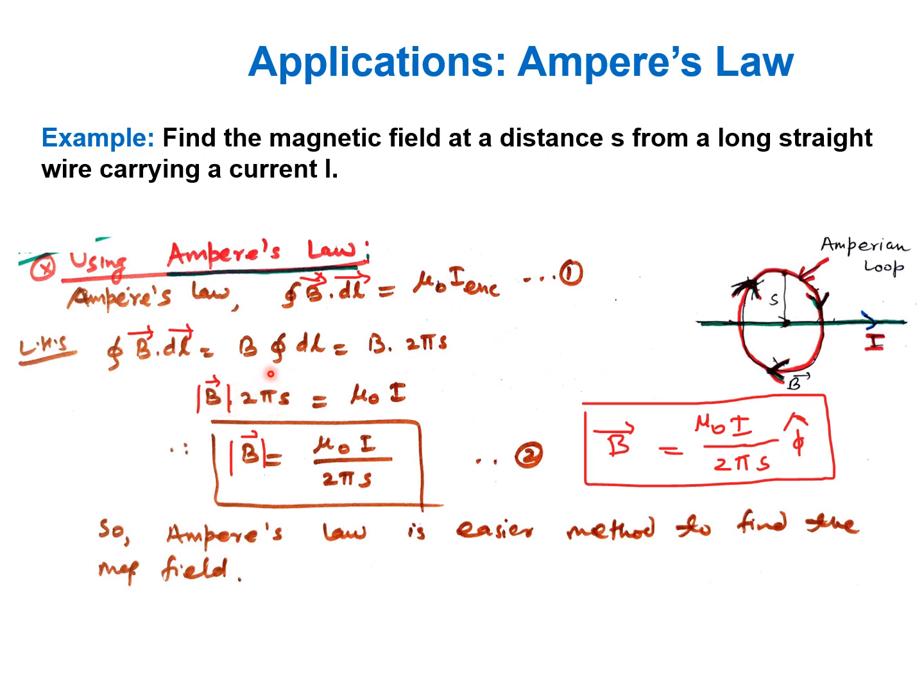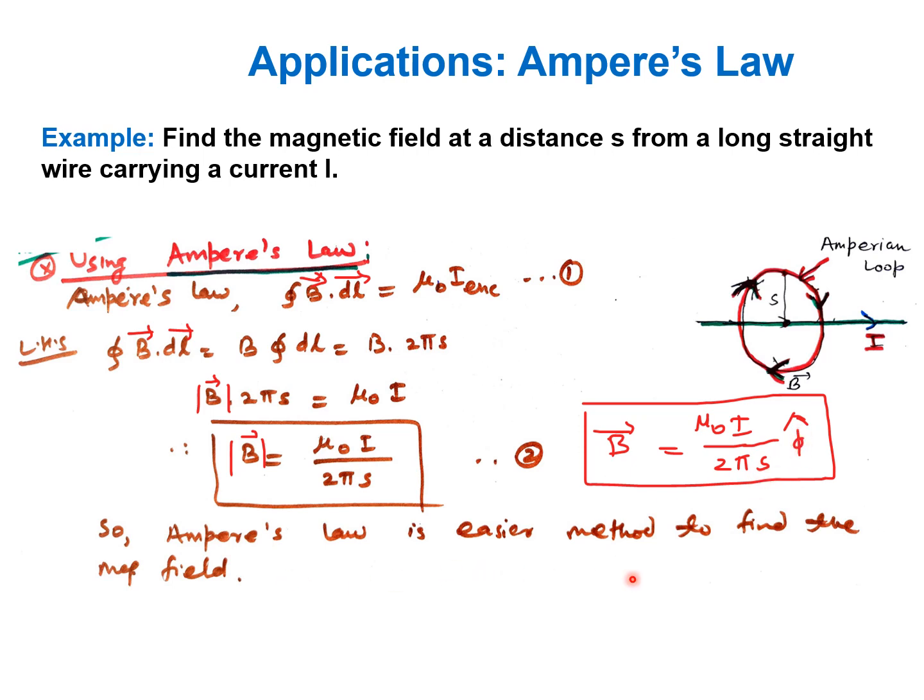So B magnitude times 2 pi s equals mu naught times I enclosed. I enclosed in this loop is capital I, the current through this wire. So we will have the magnitude mu naught I by 2 pi s, and the direction will be in the phi cap direction.